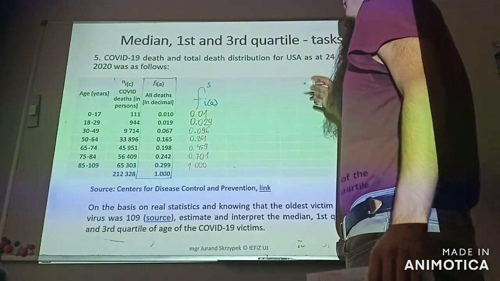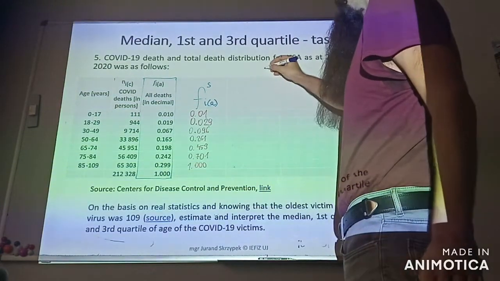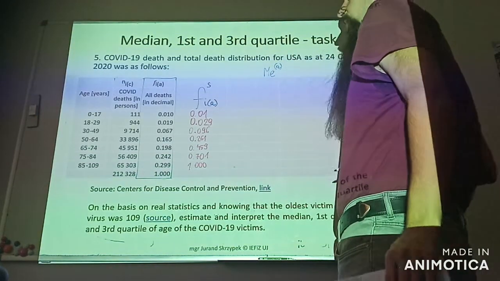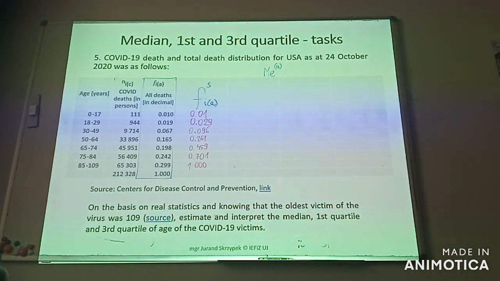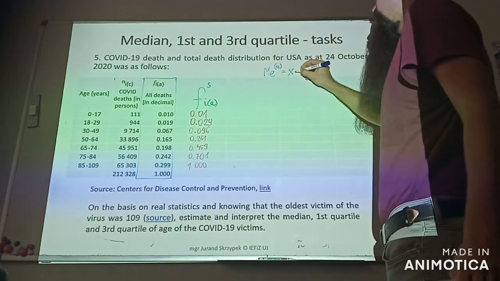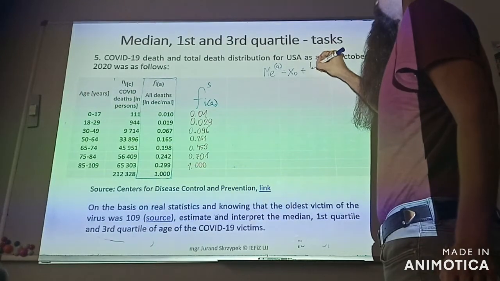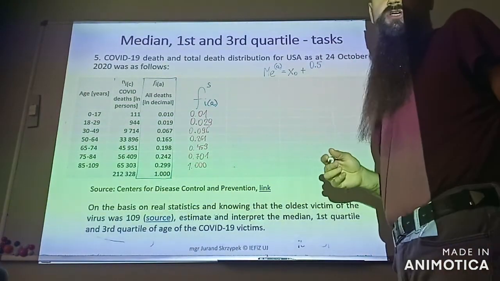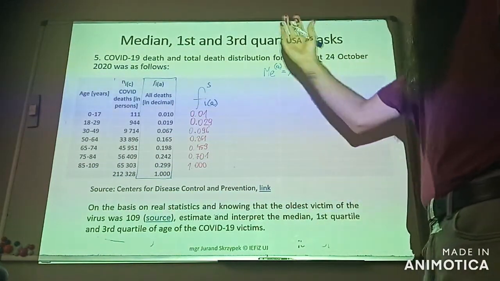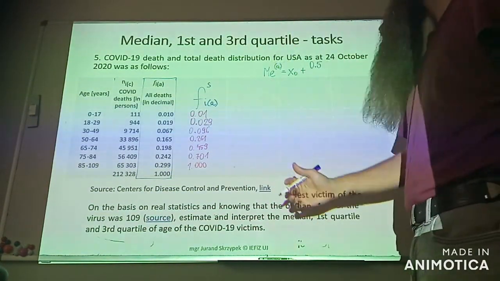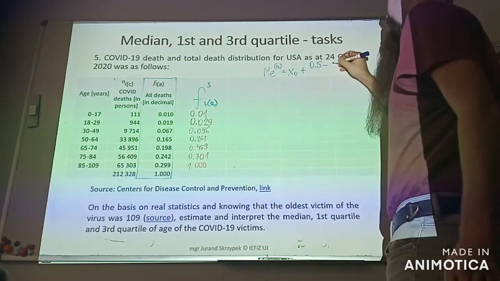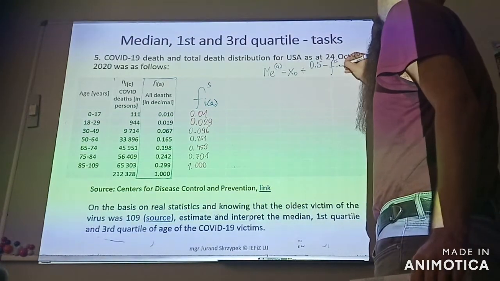All right, so we know that the median of age of all deaths in US can be described by the formula x0 plus a half, yes, because we perform on the frequencies and relative frequencies and cumulative relative frequencies, 0.5 minus fs minus 1.